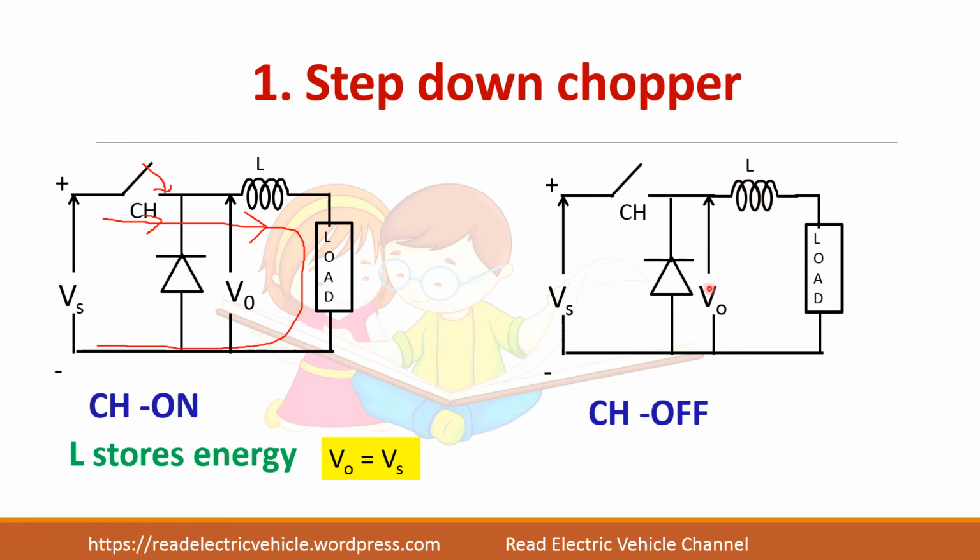So it supplies the load through this one, or the current freewheels through this one. But since the diode is connected across this combination, output voltage will be 0 because the diode is a short, so output voltage is 0.